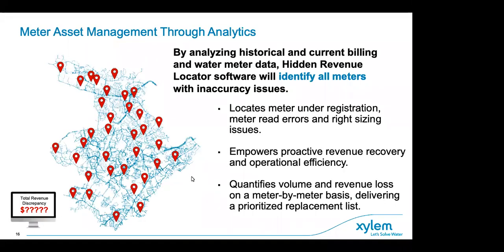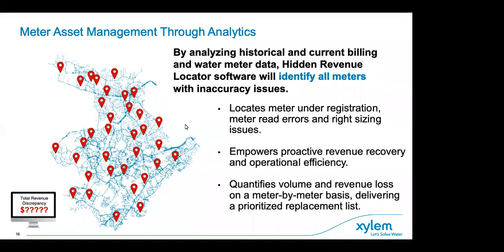And this brings a number of positives to the utility. So not only can we prioritize which meters need to be changed, and with those improved performance calculation accuracies, increased revenue, it's also proactive, because if we find that there's a cluster of meters that are under recording, it may be that that is a cause of a network condition that is specific to that area.